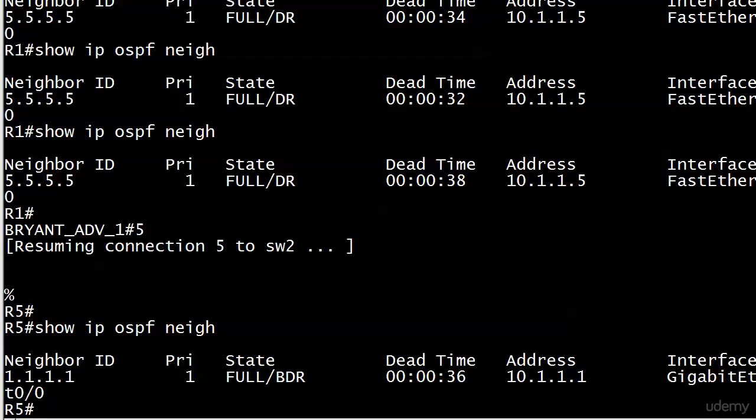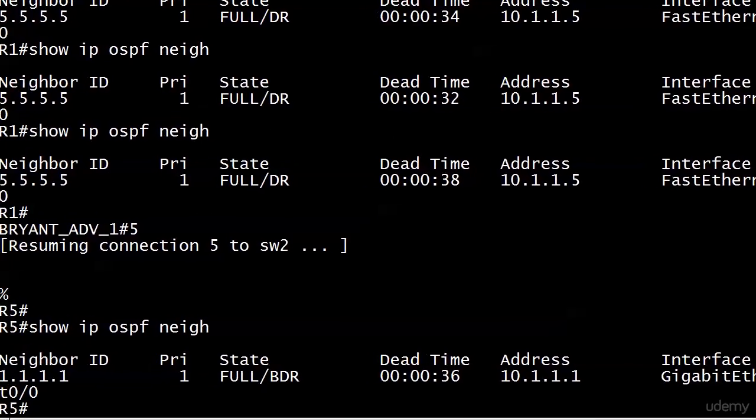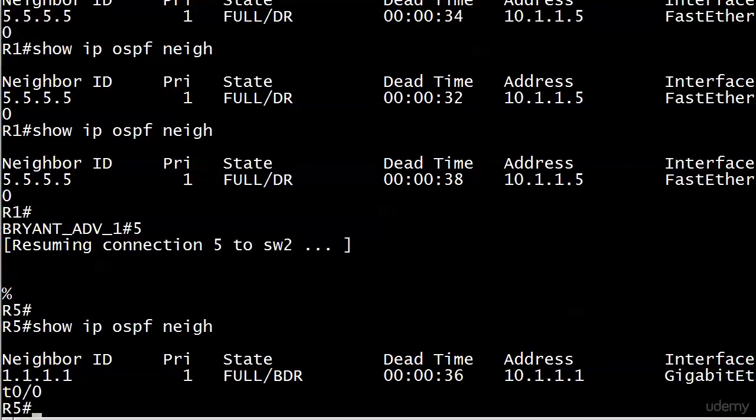Again, the interface shown here at the end is the local interface through which the adjacency is formed. So you have the remote neighbor ID, remote priority, then the state of the adjacency, what the role of that router is, the dead time, the address on the remote device through which the adjacency has been formed, and then the name of the local interface. Pretty intuitive stuff there with show ip ospf neighbor.